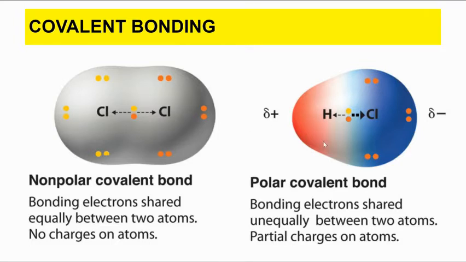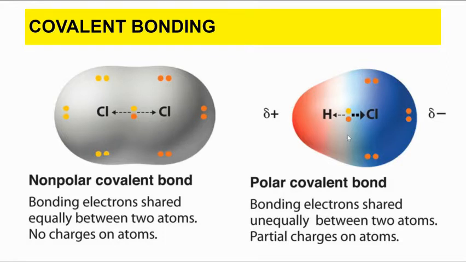A polar covalent bond is when the electrons are being shared, but not equally. This is the equivalent of if you're the older sibling and you say, oh, I'll split the last piece of cake with you to your younger sibling, but you take 70% of it and give them about 30%. Yeah, you shared, but not equally.